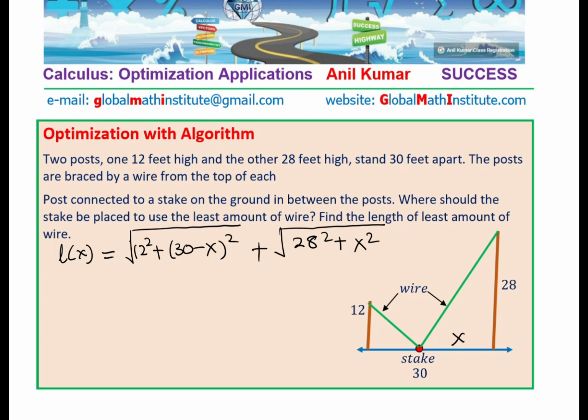Where for us this is x, correct? And that one is 30 minus x. So let's find when x is equal to 0. So we know x is between 0 and 30.